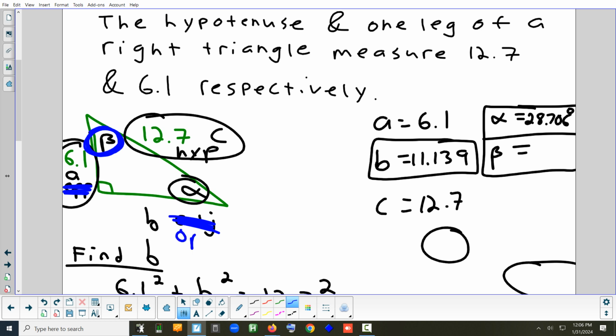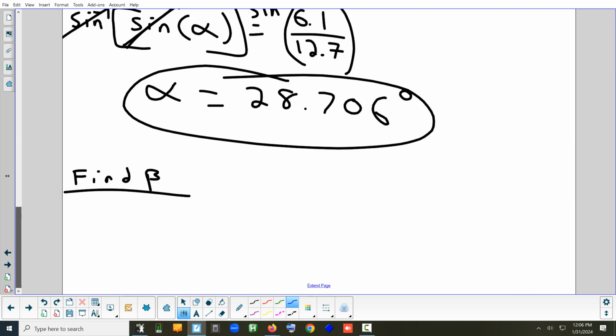So now, this side is opposite, and this side is adjacent. So let's finish it up and find beta. Stick with the two sides that were given. So now we're using the adjacent and the hypotenuse. And that trig function is cosine.